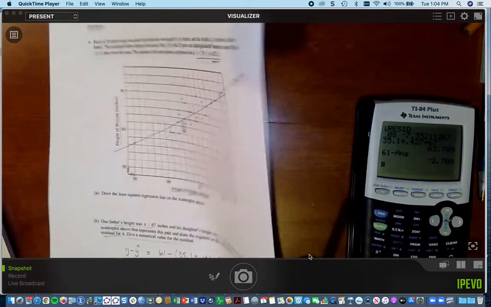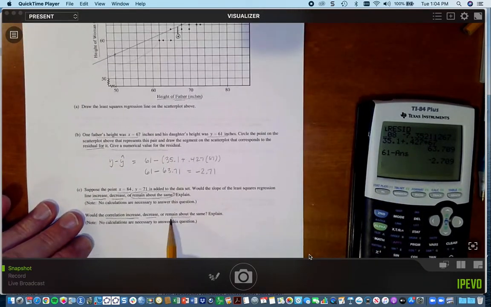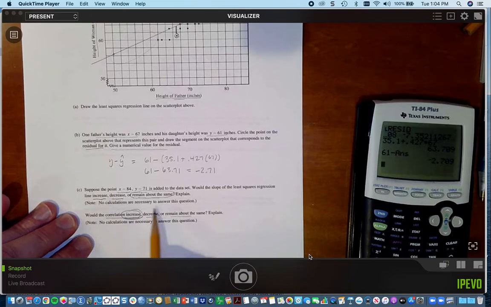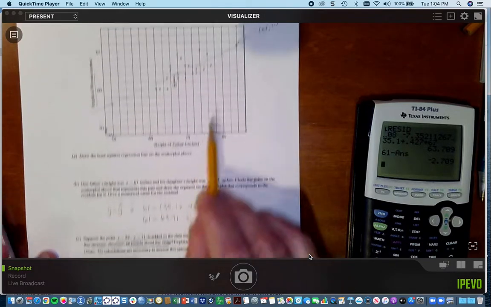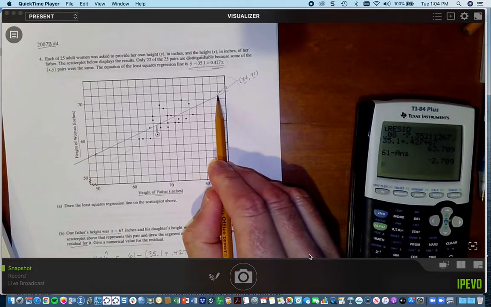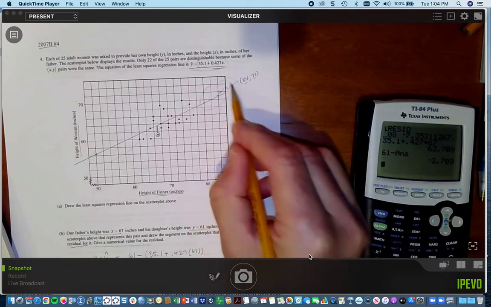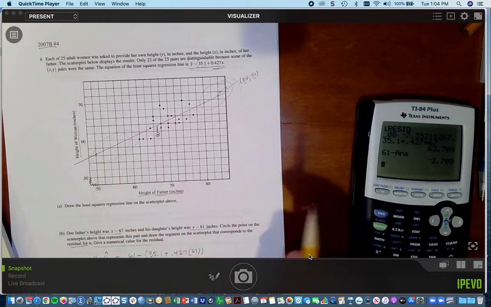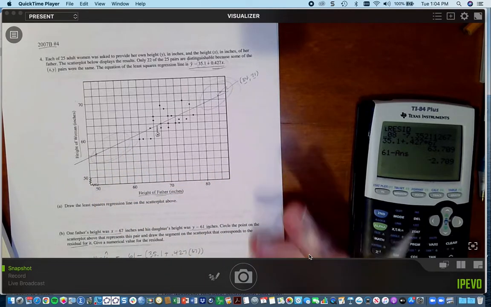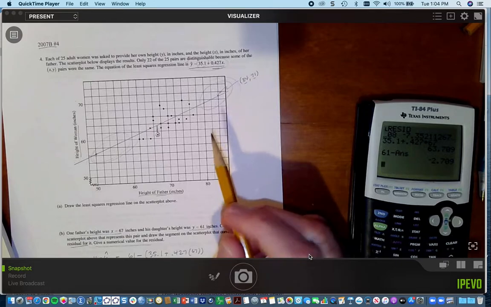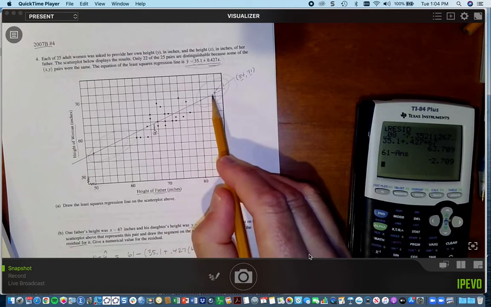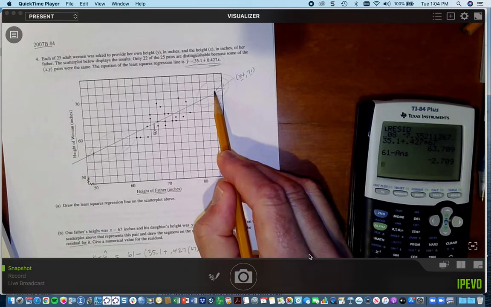This one remained about the same, but this one is going to increase the correlation coefficient for 2 reasons. One, that point is out here where those influential points live, in the extremes. And it's also going to increase the correlation coefficient because it's close to the line.